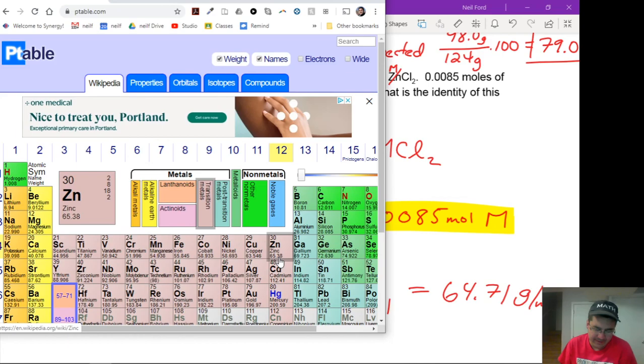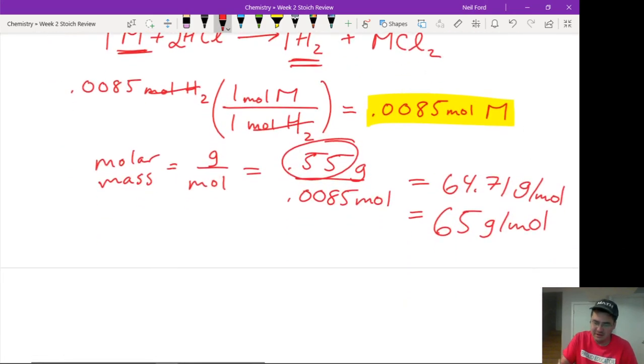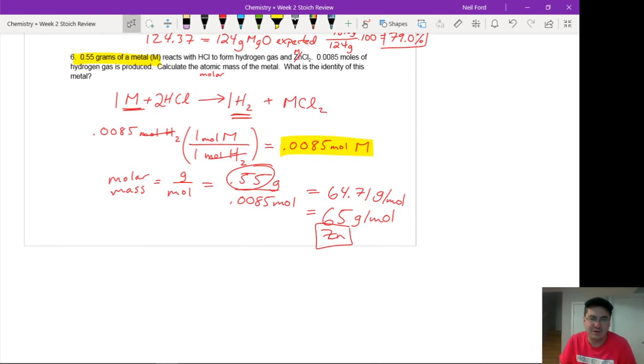It's a little bit lighter than zinc. However, if you take this and you round it to just 2 sig figs, like the 0.55, you end up with 65 grams per mole, which is pretty darn close to zinc. Okay, so I would say that, yeah, the metal is zinc, and yeah, that typo, we shouldn't have put zinc chloride in there, but there you go.